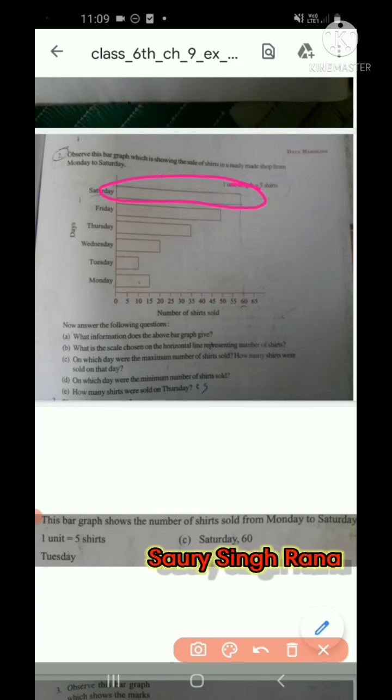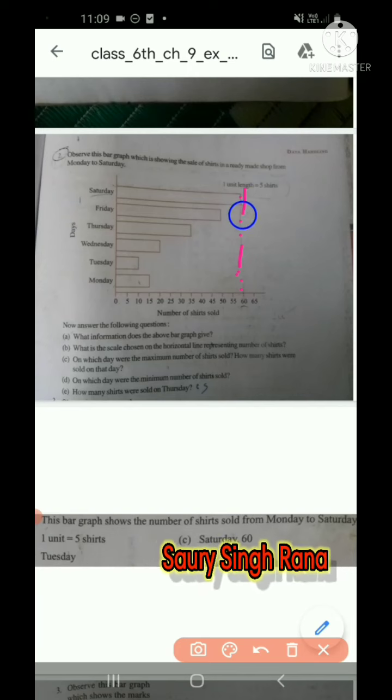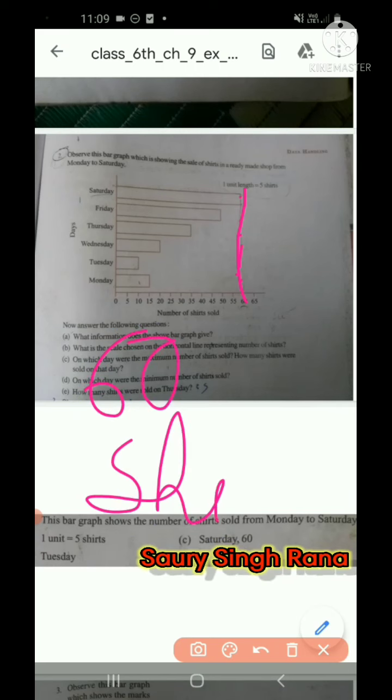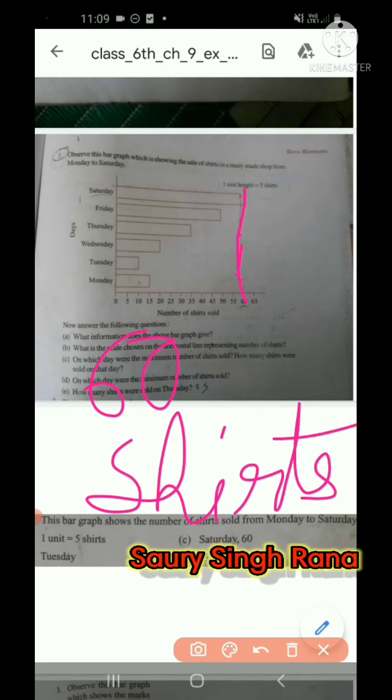So on Saturday we can see that the maximum number of shirts were sold, and how many? Let us see. The line goes to 60 straight like this. So we can clearly say that 60 shirts were sold on Saturday, which is the highest number of shirts sold.